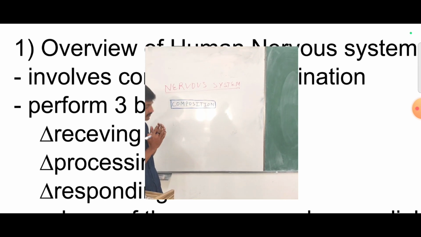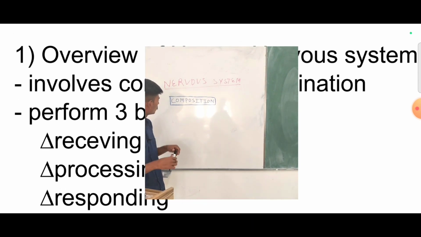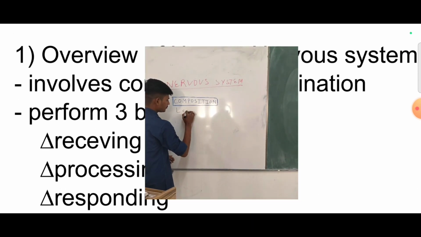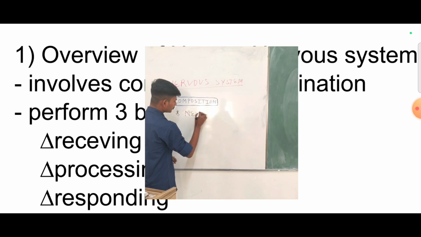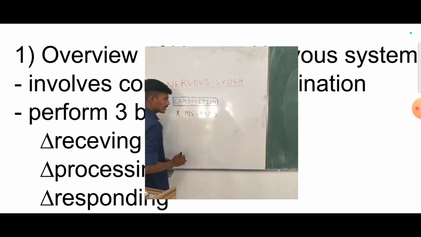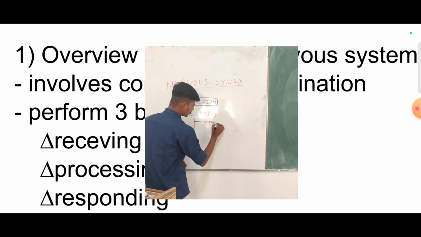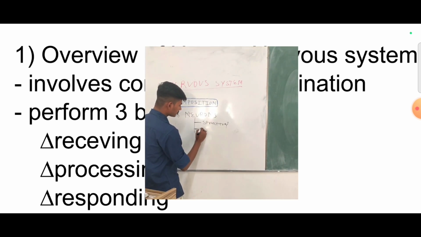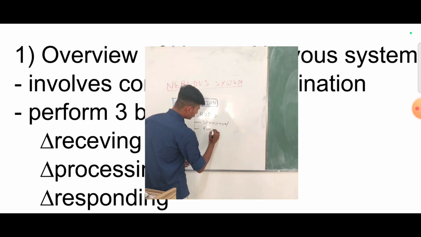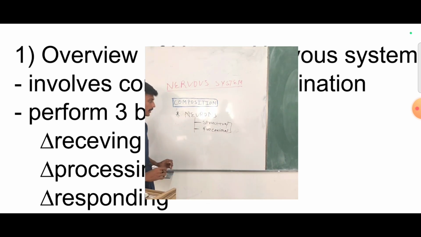In the nervous system, neurons are the ones who perform two things: the structural organization and the functional capability of the nervous system. Clear?